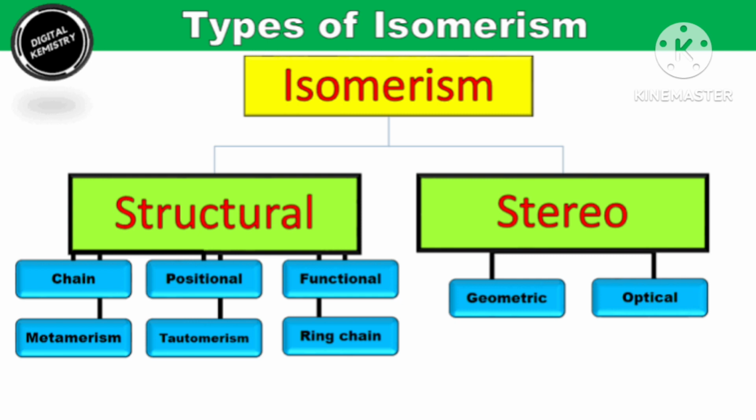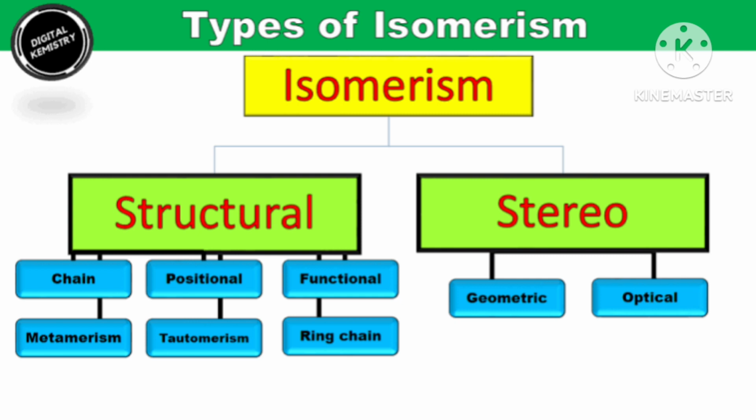Now I am going to discuss structural isomerism. Compounds having the same molecular formula but different structures, meaning the manner in which atoms are linked, are classified as structural isomers.